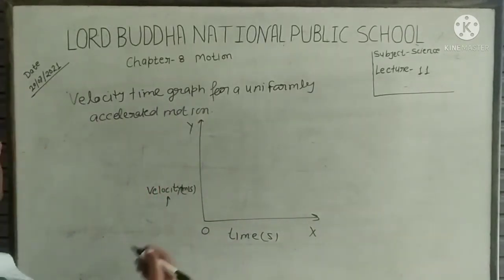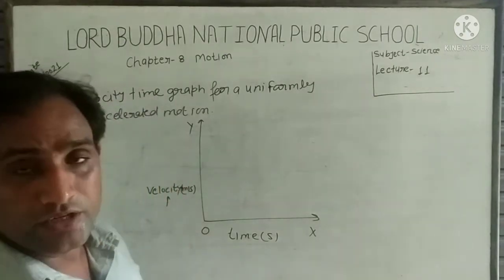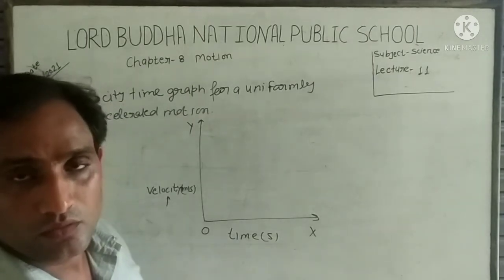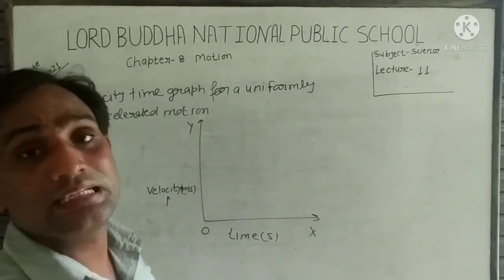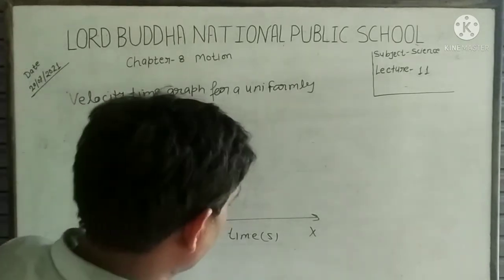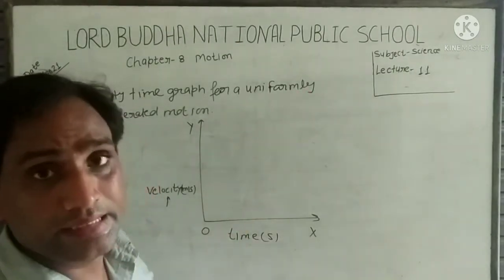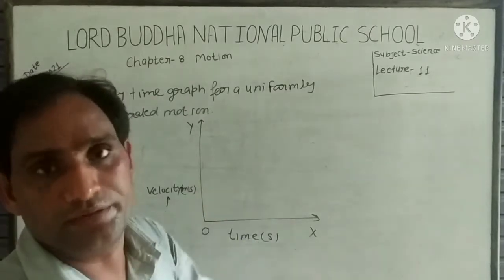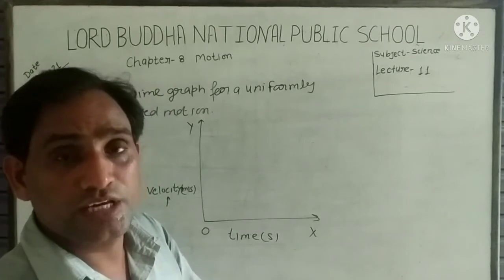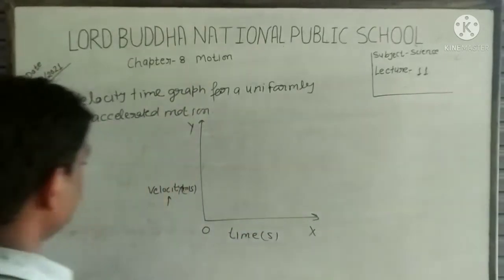The object moving with accelerated motion means it will be moving with increasing speed, but uniformly means every second there will be a certain change in its speed. And this change will be continued in same interval of time.